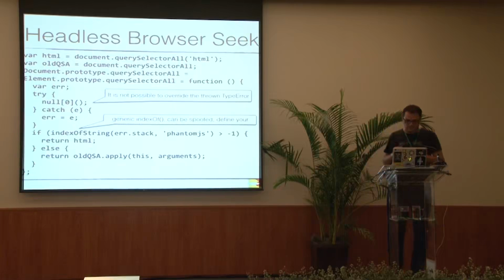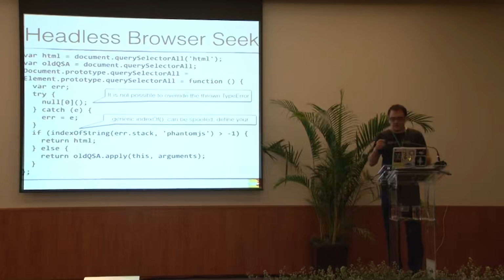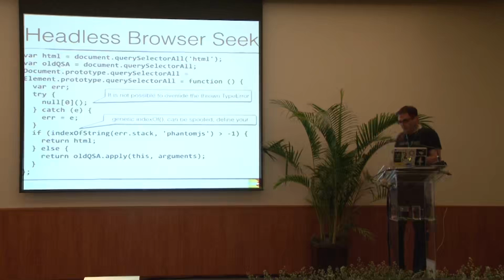There's one important thing: to have Phantom.js appear in your stack trace, you need to trick the Phantom.js script into evaluating your code that is going to throw that exception. So you probably want to overload some DOM API that's going to be used by Phantom.js, like document.querySelectorAll or document.getElementById, which is most likely going to be called by Phantom.js.